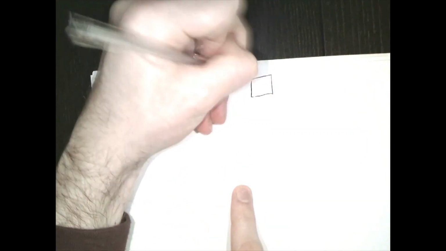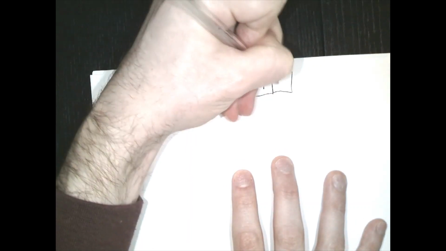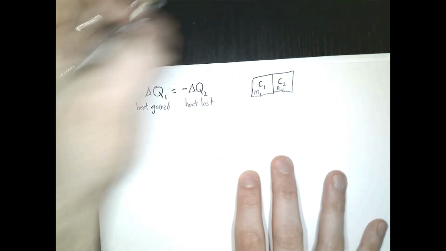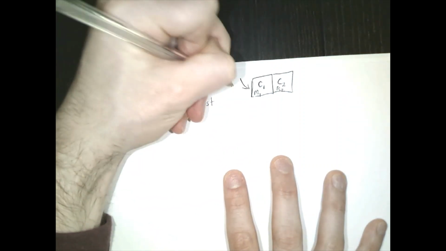If I have two materials, this is going to be C1, C2, and these could have different densities, so this could be M1, M2. This object starts out at a hotter temperature, TH. This one's going to start with a cooler temperature, TC.